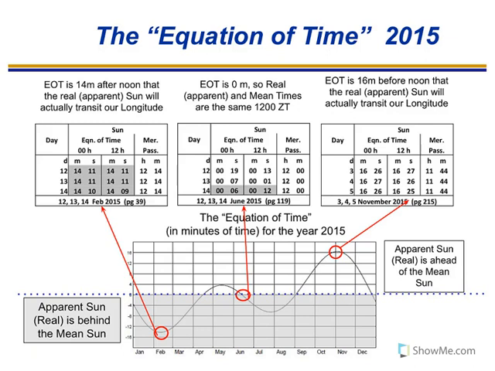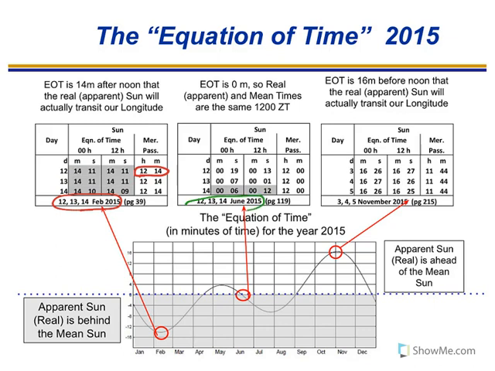In this example from 2015, you can see that for mid-February, the apparent sun crosses the Greenwich meridian at 12:14 LMT, so the apparent sun, in this case, is behind the mean sun. And you can tell that because in the Nautical Almanac, it's shaded in gray.